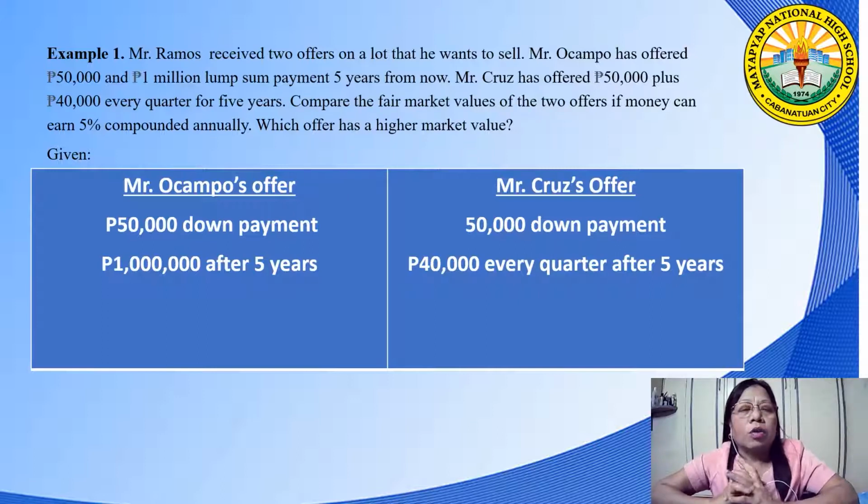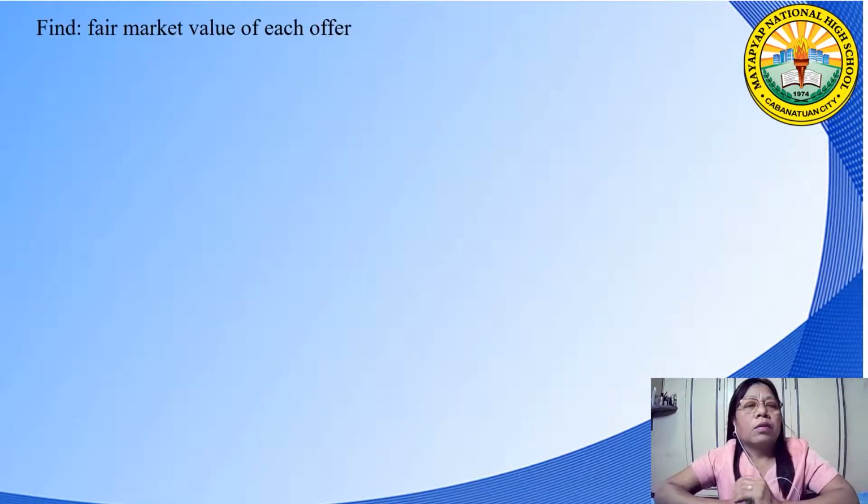So both of them have the same down payment. So to identify the offer that has a higher market value, you are going to find the fair market value of each offer.